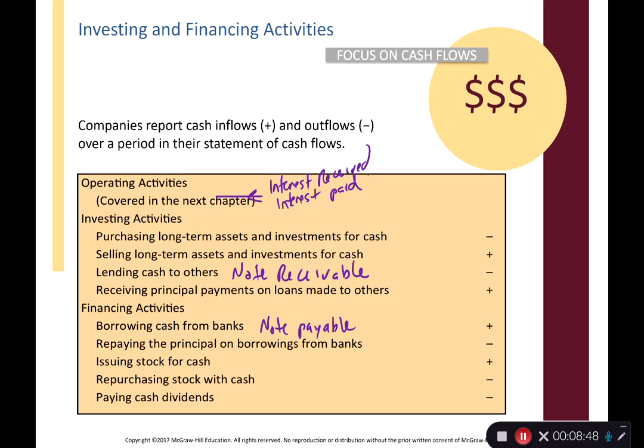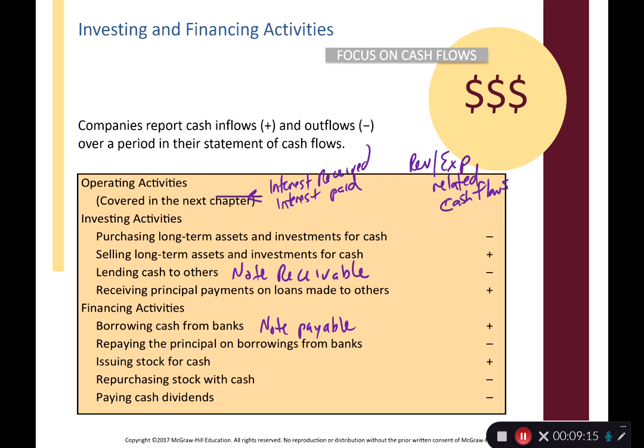Paying cash dividends is another one that students get confused on. That's a financing activity because we pay cash dividends to the owners. Dividends are also not required. Therefore, they're not expenses, so they can't fall under the operating category because we said operating deals with revenue or expense related cash flows only.